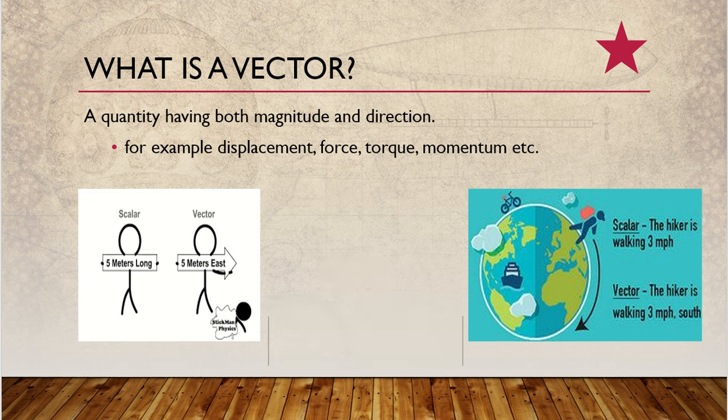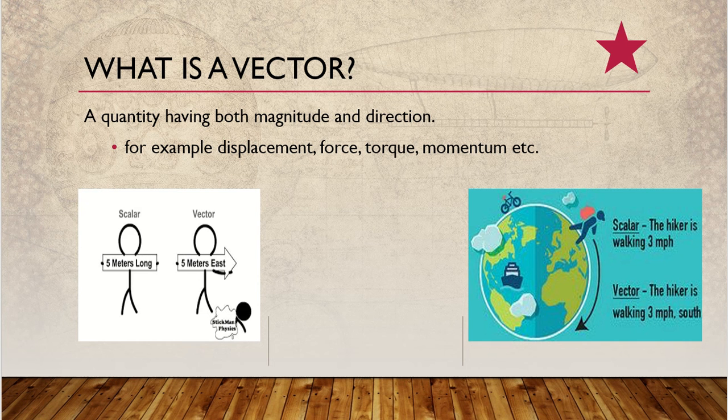So the difference between a scalar and vector is a particular direction. If the quantity does not have any particular direction but is having only magnitude, then we call it a scalar. If the quantity is having both magnitude as well as direction, then the physical quantity is known as a vector. So the major difference between scalar and vector is the direction.